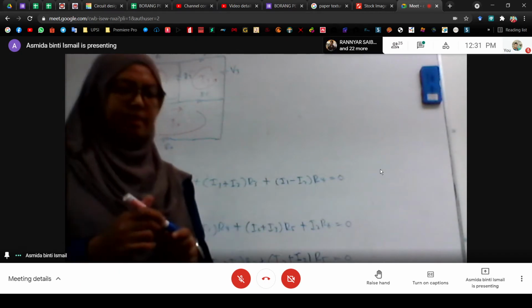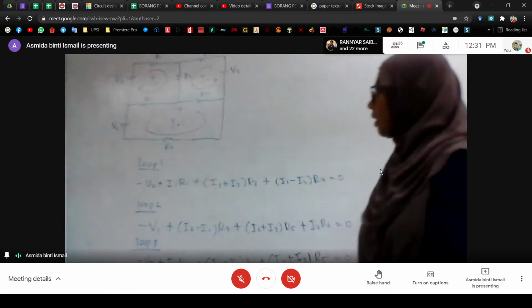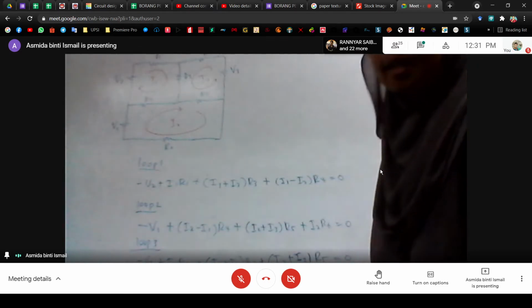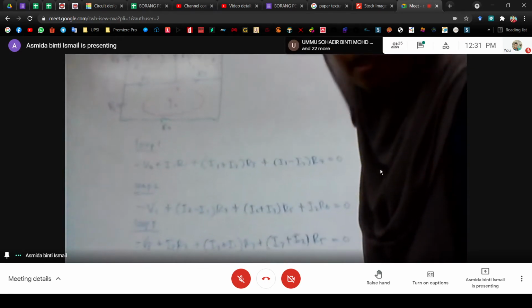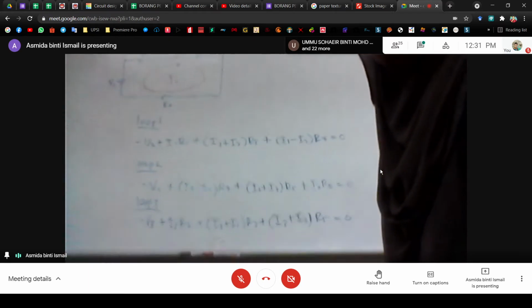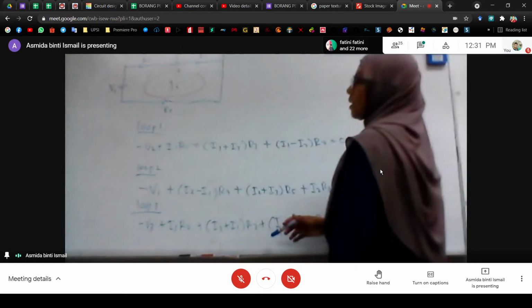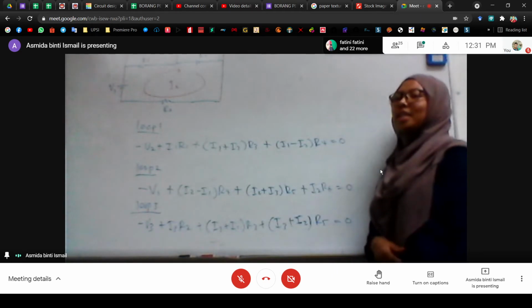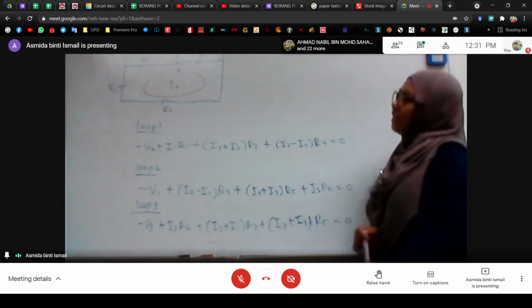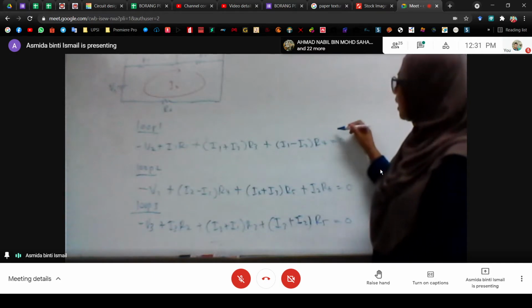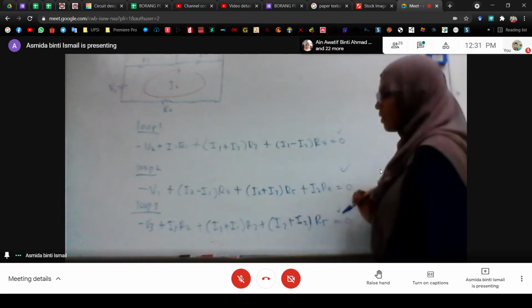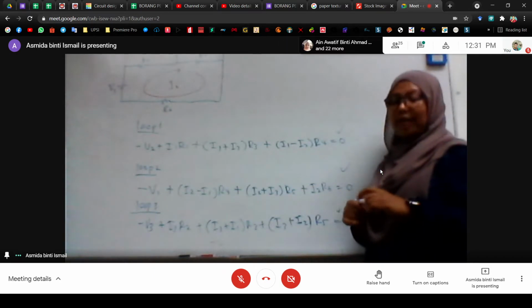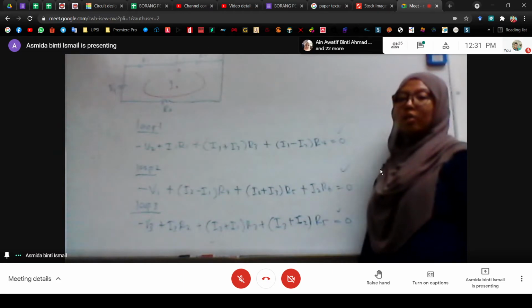Okay. You got, awak dapat jawapan sama tak dengan saya? You get the same answer with me or not? Yeah. Okay. So kalau awak dah boleh terbitkan equation, itulah yang kita nak belajar hari ini.